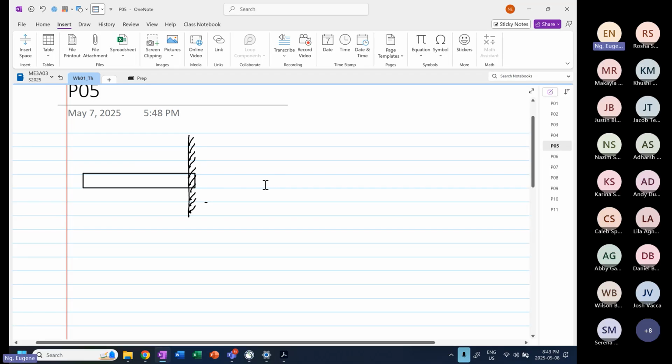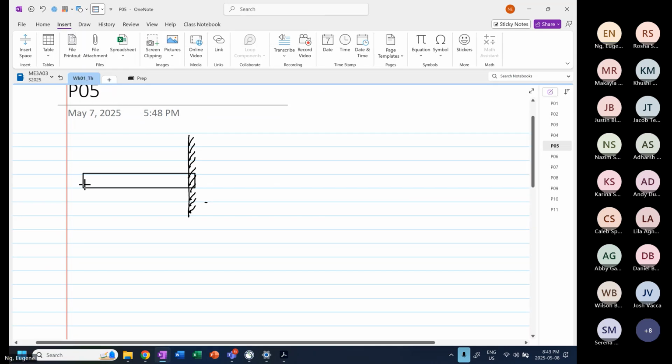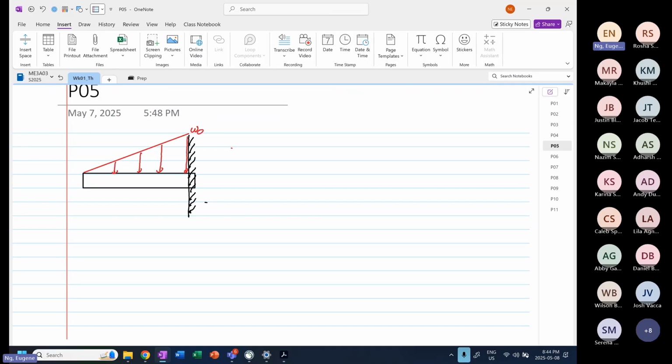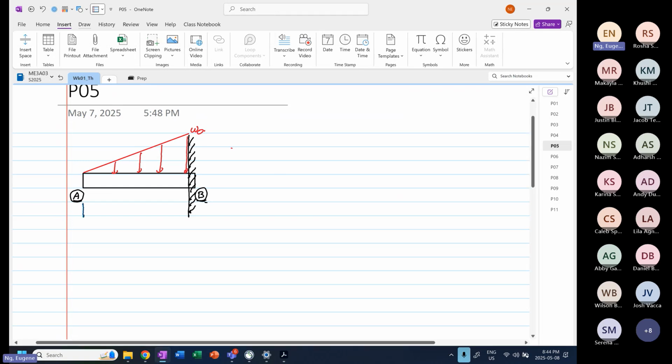The beam is under a gradient distributed load. Over here, this is our omega naught. Then we have our point A, we have our point B, and from here to here we have our length.